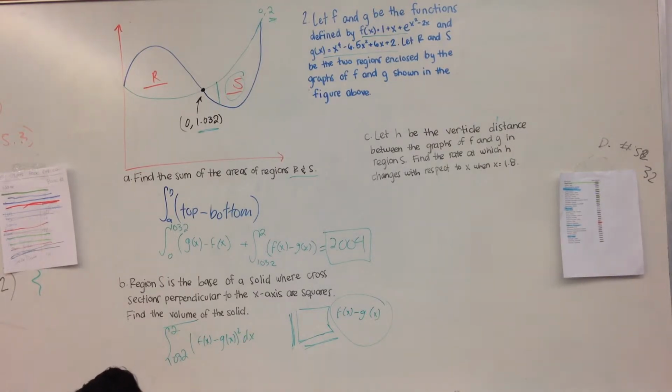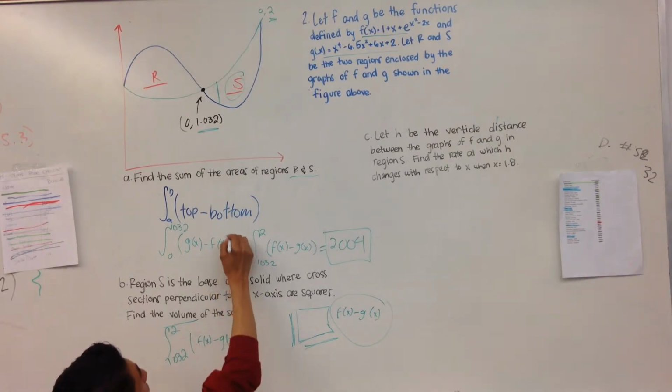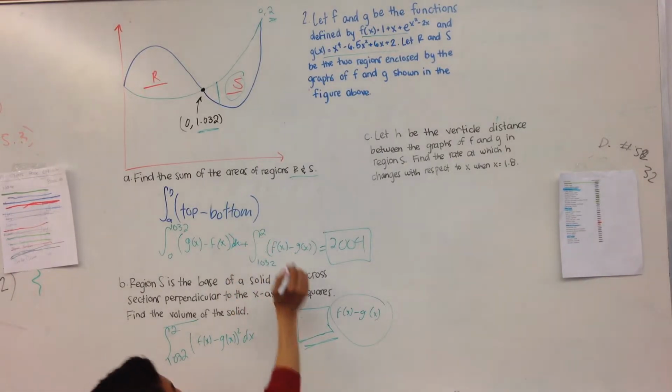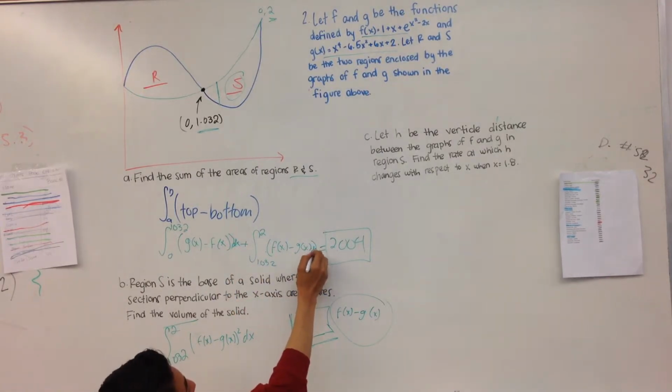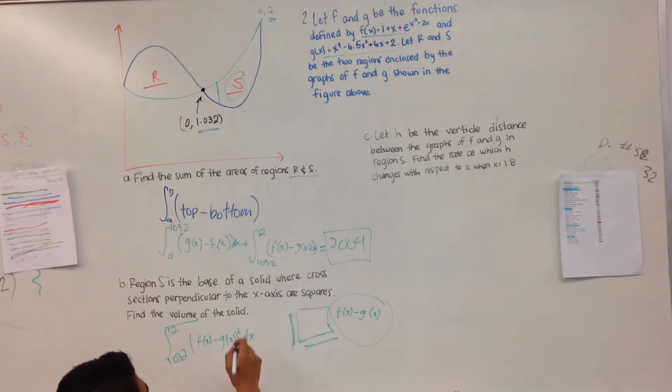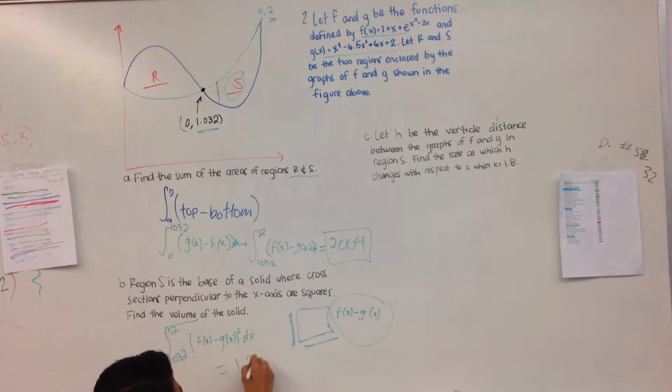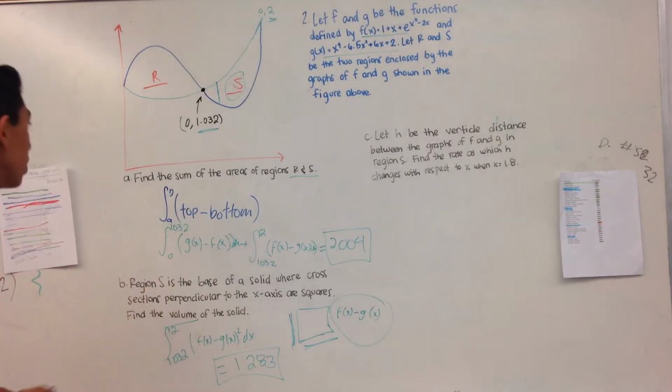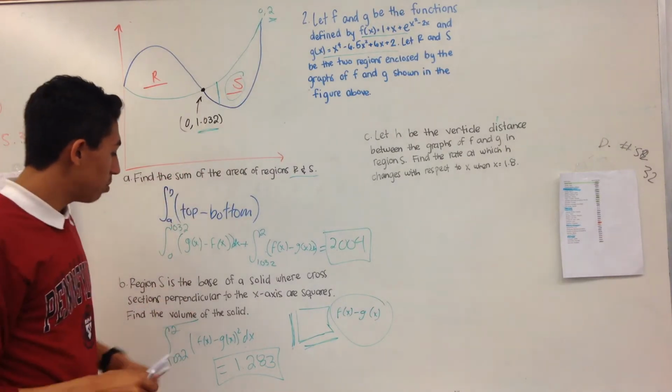Don't forget your dx. Now, if you plug this into your calculator and press enter, your answer would be 1.283. So the volume of the solid whose cross sections are squares for this region would be 1.283.